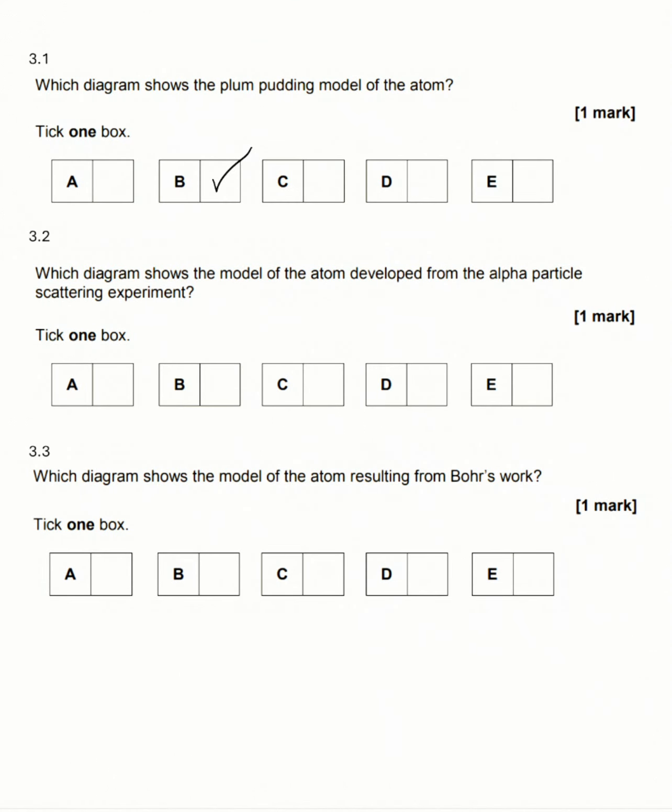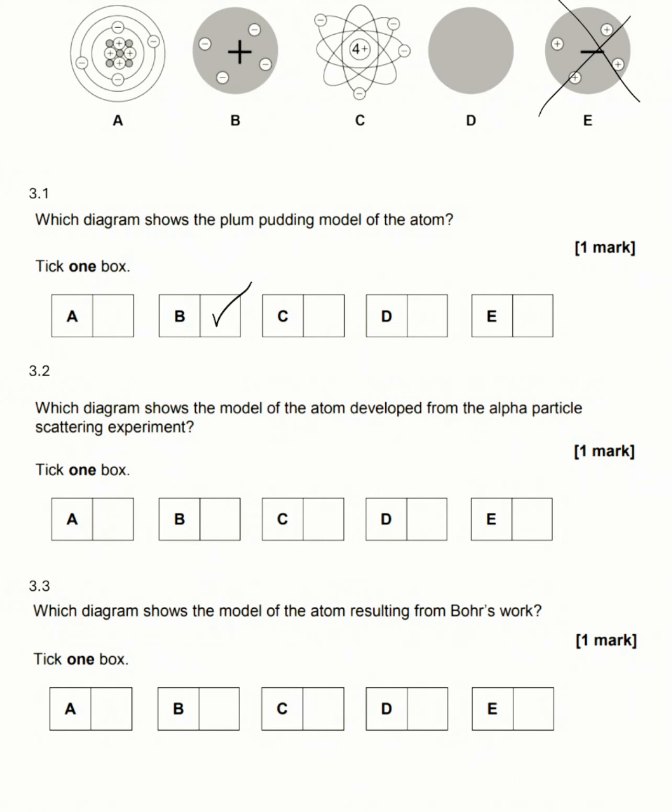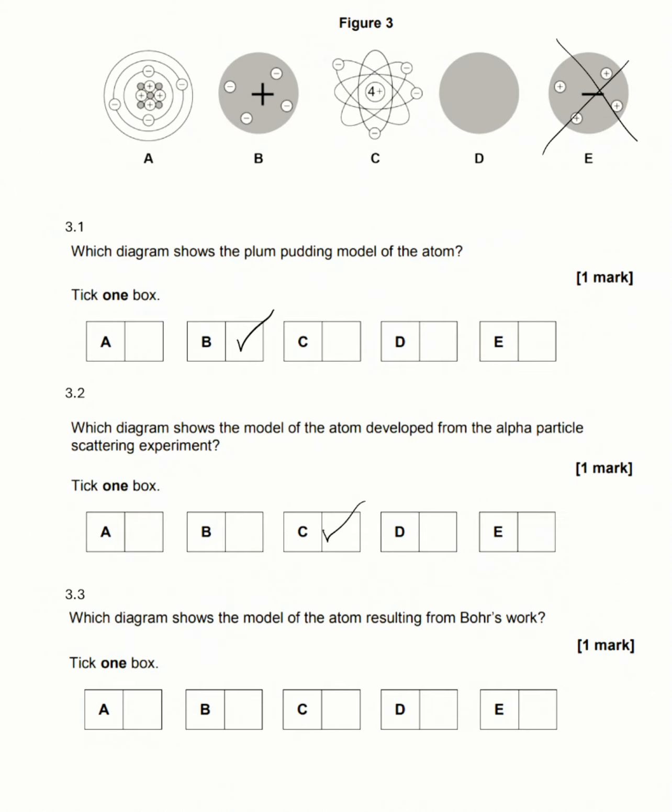Which diagram shows the model of the atom developed from the alpha particle experiment? This also actually reminds me that C is nonsense. Is it? Oh no, C is good because it's got 4 plus. So the answer there is C. It's not A. And the reason it's not A, and some people might be tempted to put A, is because A is the one that has basically been added to with Bohr and with Chadwick to show the full, what we call the full nuclear model.